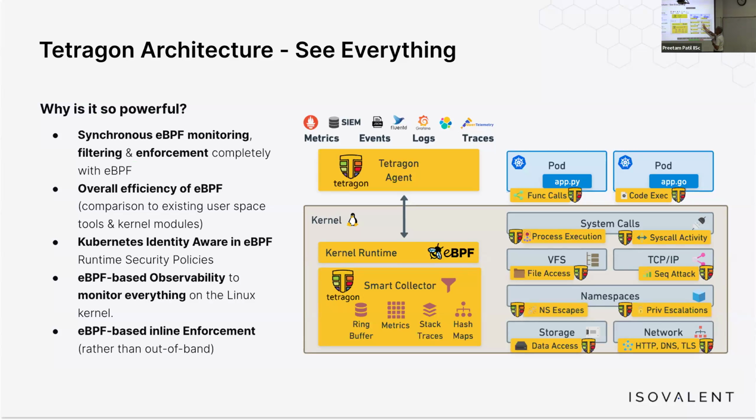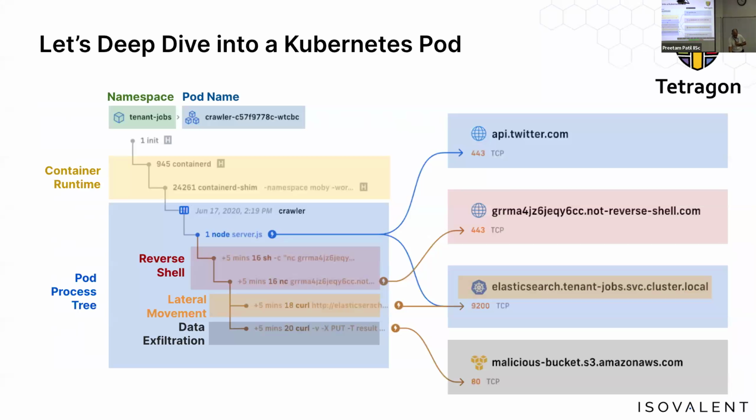Similar to the Cilium agent, the Tetragon agent also runs on every specific node. This is what I want to show in the demo, and I'll refer back to this slide. This is a demo app which is running.